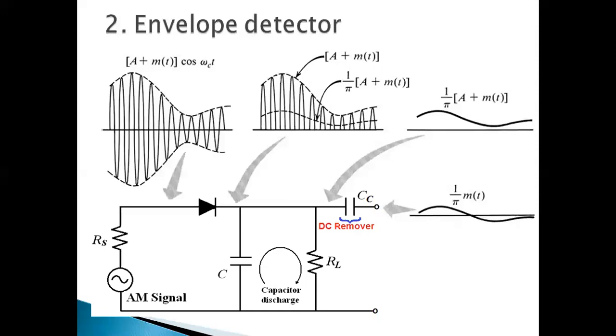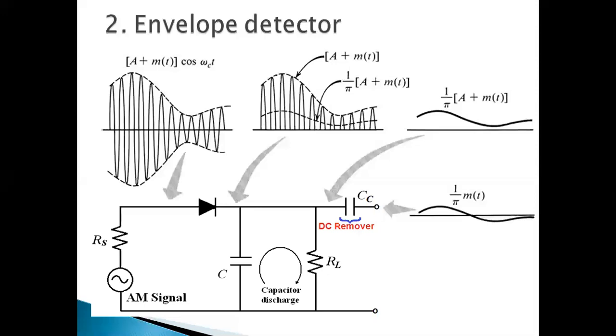The bandwidth means upper sideband minus lower sideband, while the carrier frequency is the frequency of the carrier signal.